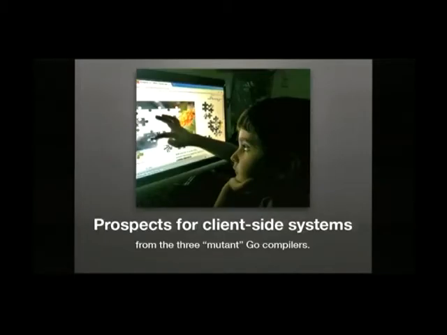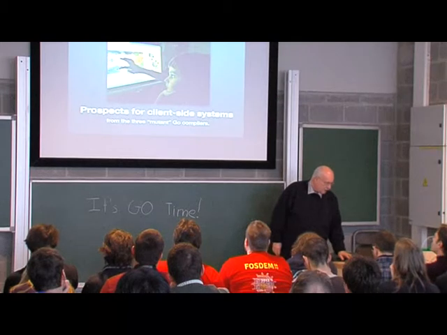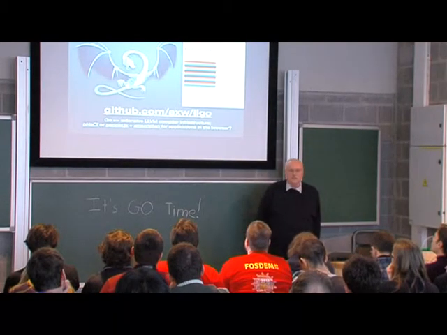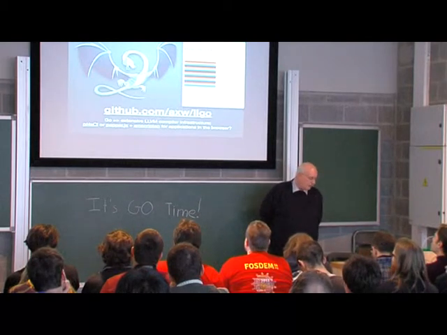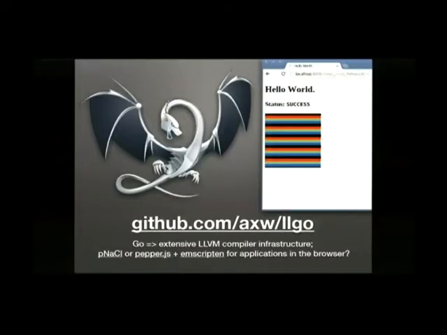So let's talk about the prospects on the client side for each of these, since that's where I started with this whole thing. For LLGo, as you can see on the right there, it's got through to the point where it can create a Pinnacle Hello World program. So this is importable in NaCl. But unfortunately, it's not got any further yet. It's very close, but it's not got much further.